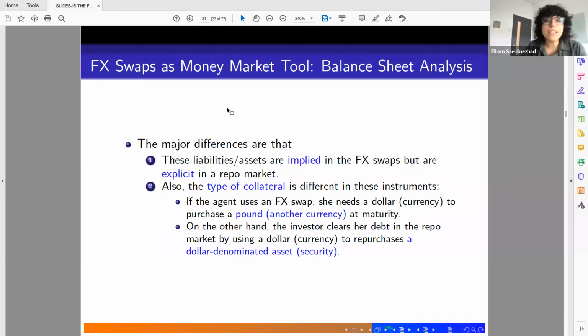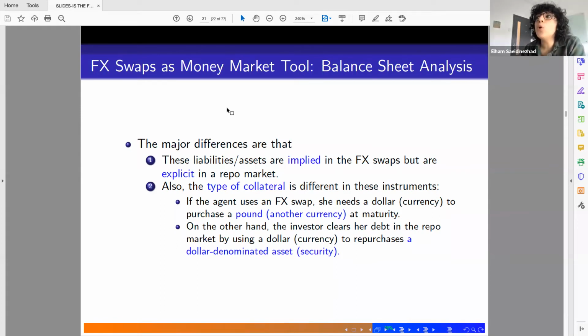However, there are fundamental differences between the FX swap and the repo instrument. The first important difference is that the liabilities and assets in the FX swaps are implied. In the meantime, these liabilities and assets are explicit in the repo market.